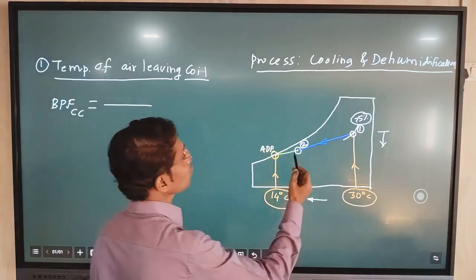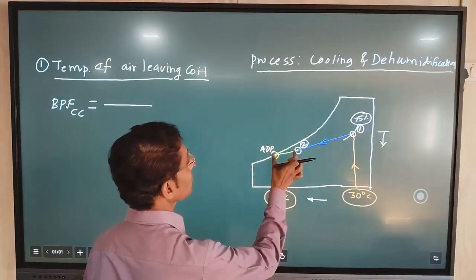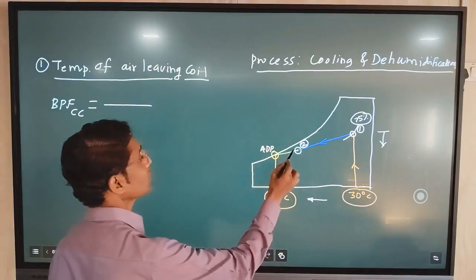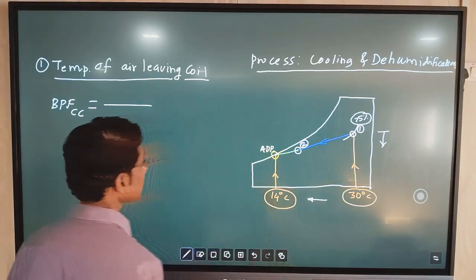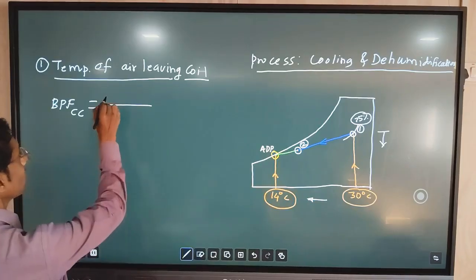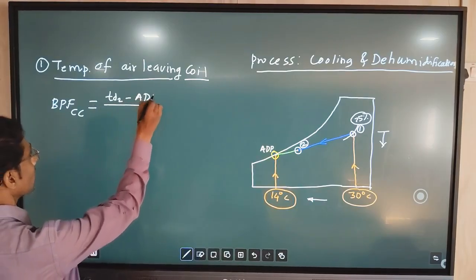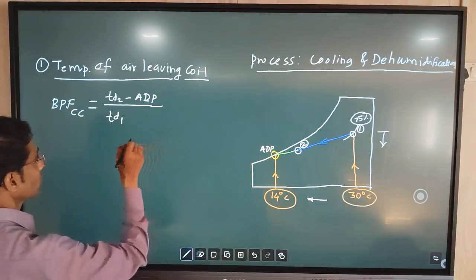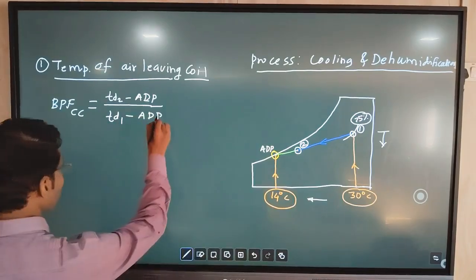So what does the bypass factor mean? It is the opposite of the contact factor. The general formula is the opposite side difference of this whole process divided by the total difference, which is the difference between 2 and ADP divided by the difference between 1 and ADP. So the formula for the bypass factor of a cooling coil can be written this way: TD2 minus ADP divided by the whole difference of the process, TD1 minus ADP.